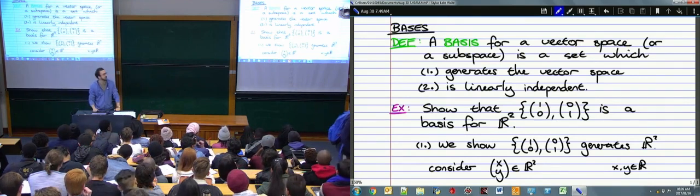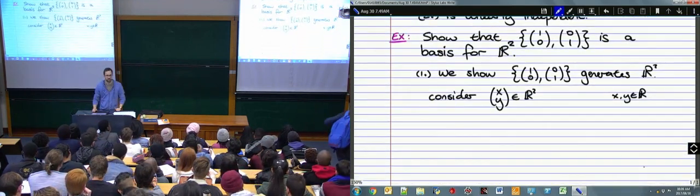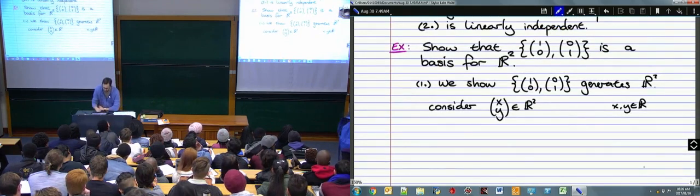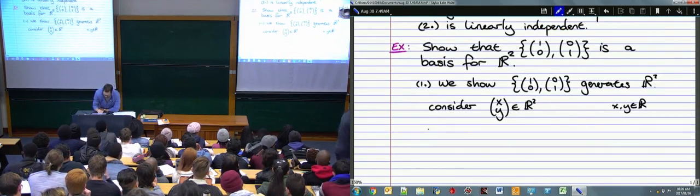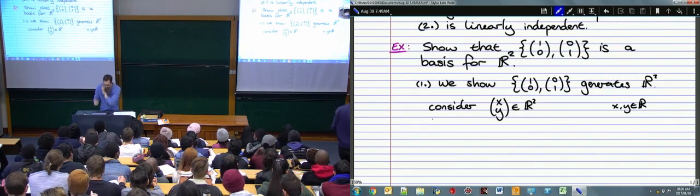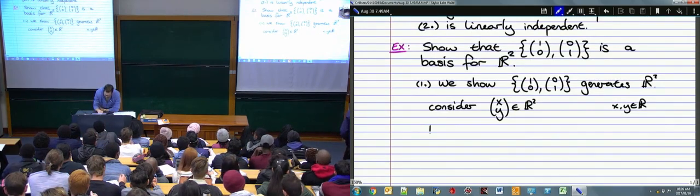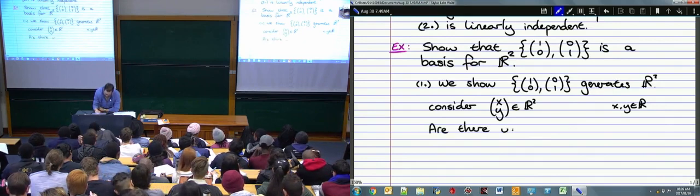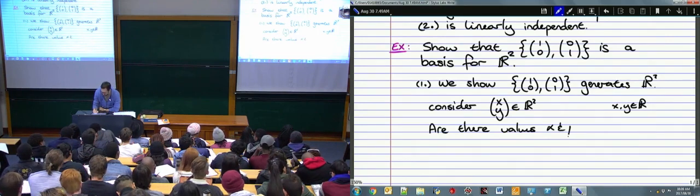So what we want to show is that there are some values alpha and beta such that we can write (x, y) equal to alpha times (1, 0) plus beta times (0, 1).